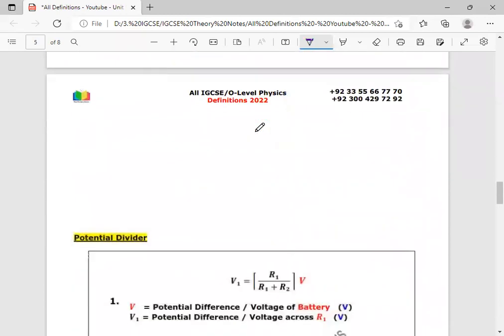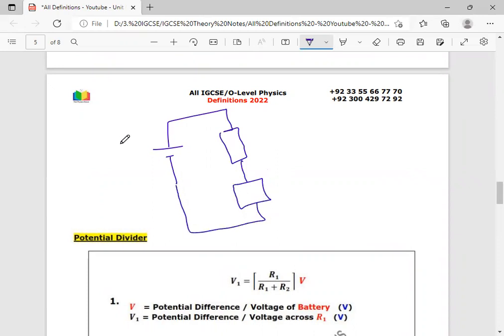Then here comes a very important part of the combination, and that is the potential divider. What is meant by potential divider? We can divide or split the voltage by combining two resistors like this: positive, negative voltage. This is R1, this is R2.